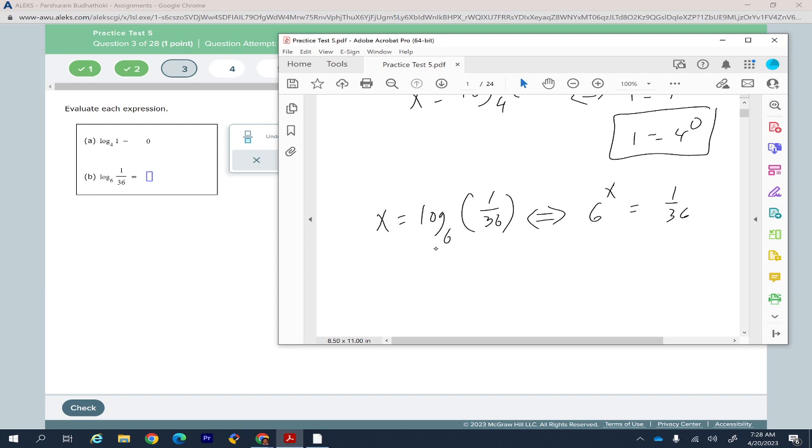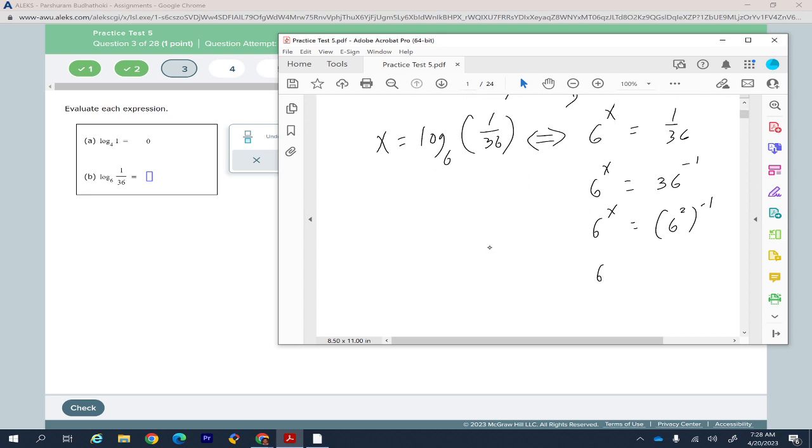So finding the value of x is equivalent to solving this exponential equation. Here is 6 to the power x on the left side. Rewrite 1 over 36 as 36 to the power -1, and we know 36 is 6 squared, so you can write it as 6 to the power -2.